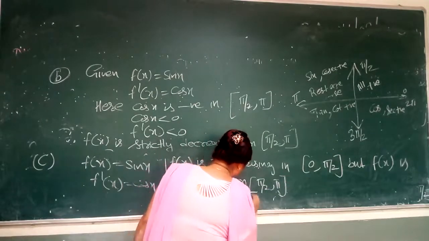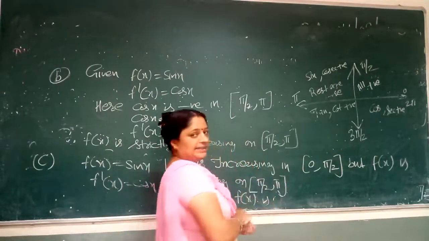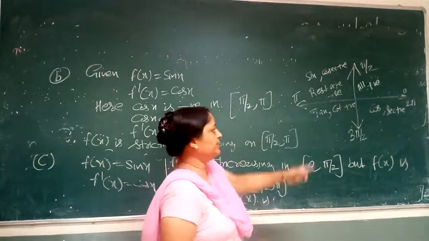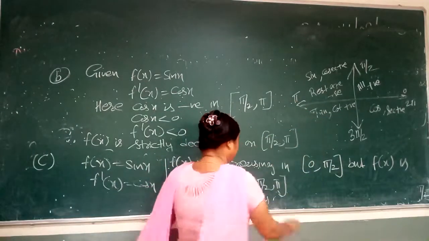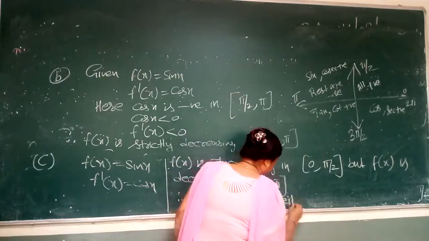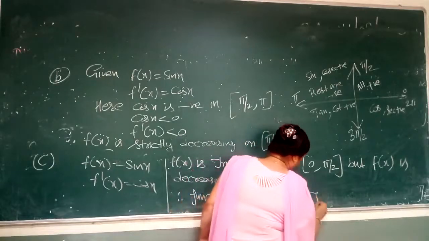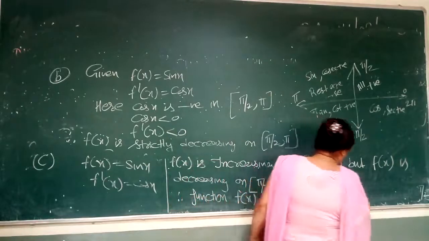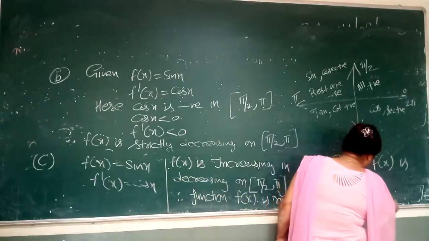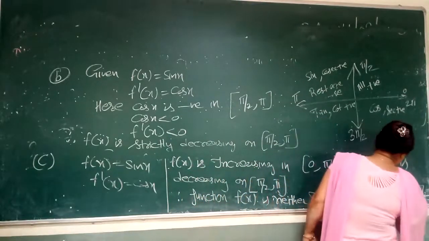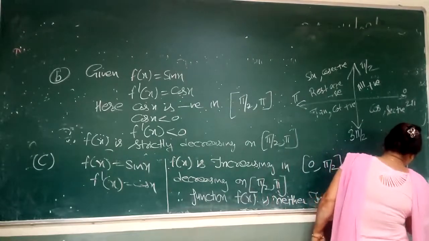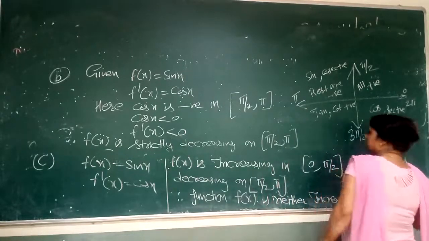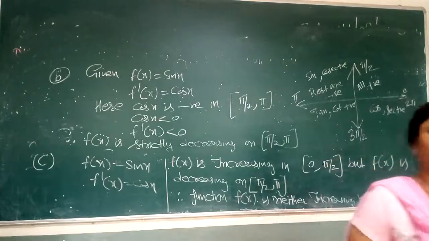Therefore, the function f of x is neither increasing nor decreasing in the interval 0 to pi. This is the solution of question number 3.